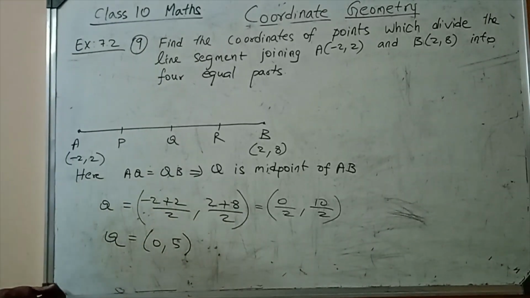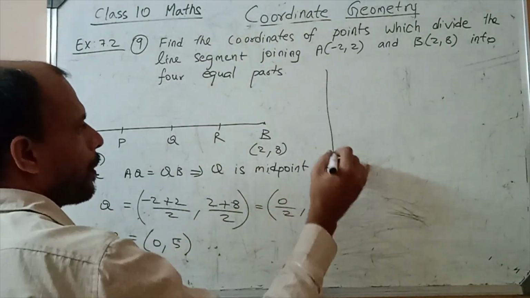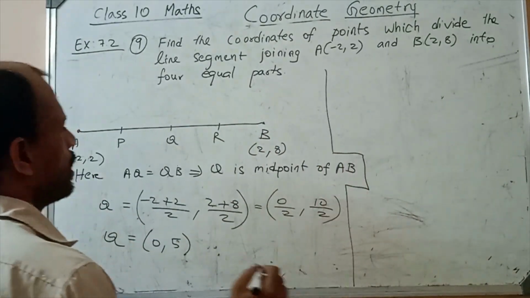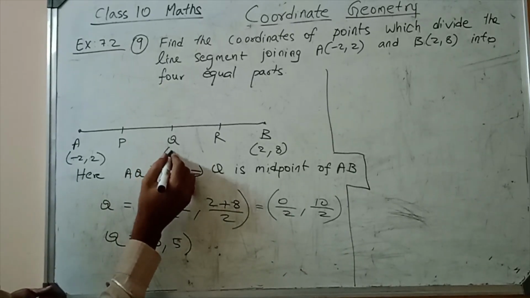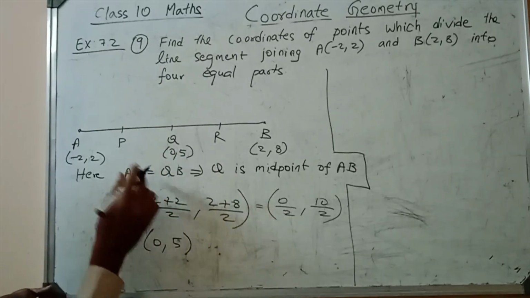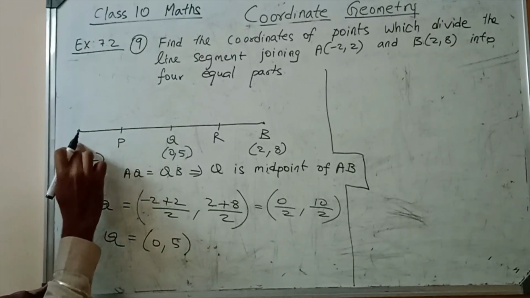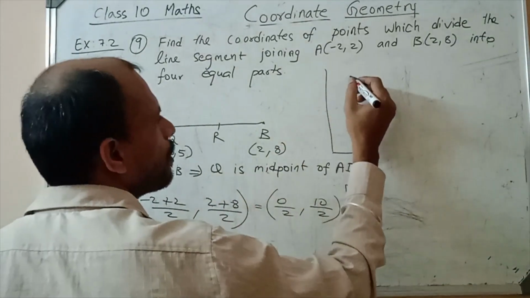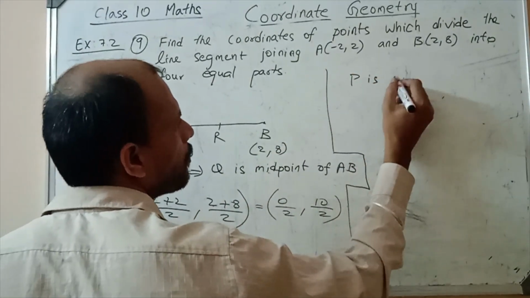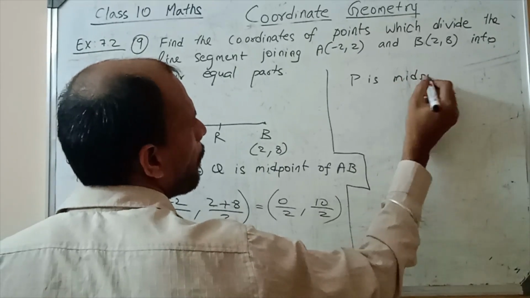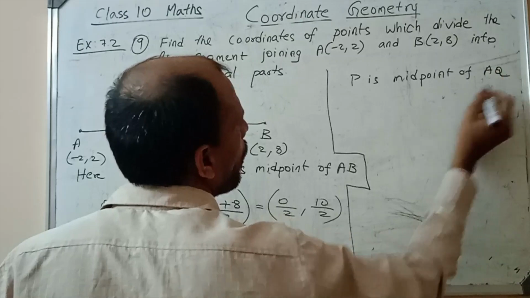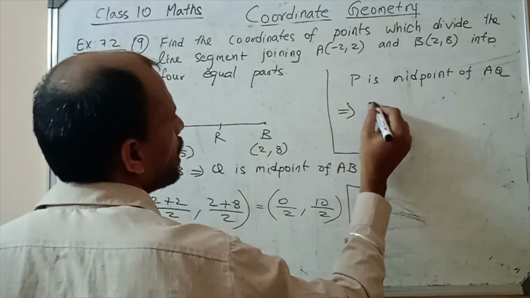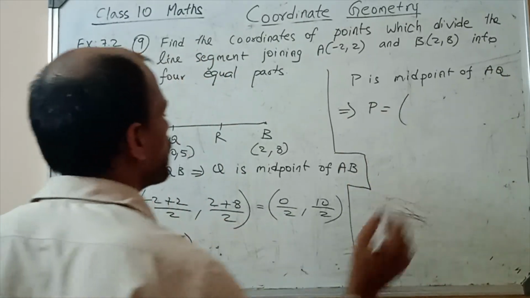Okay. In the same way, see here we got Q. Q is (0, 5). Now we can find P. P is the midpoint of AQ. That implies P is equal to the midpoint of AQ.